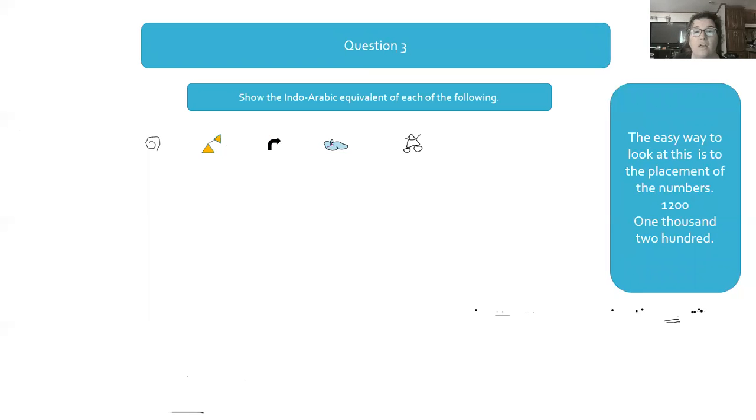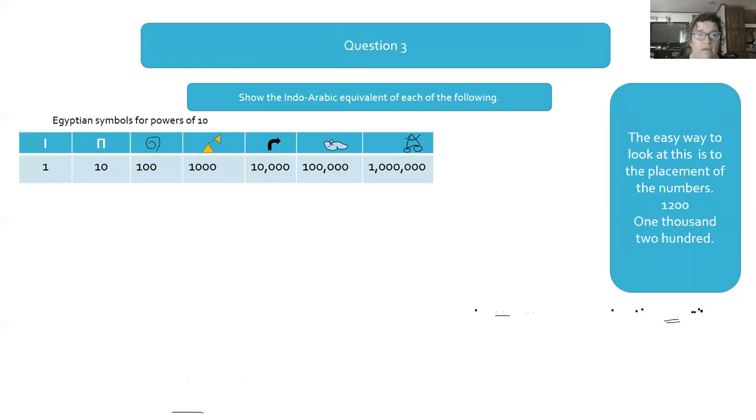Show the Hindu-Arabic evaluation of each of the following. Okay, so when I first saw this, it was super confusing until I figured out something. So I put it in our little help bubble. The easy way to look at this is the placement of the numbers.